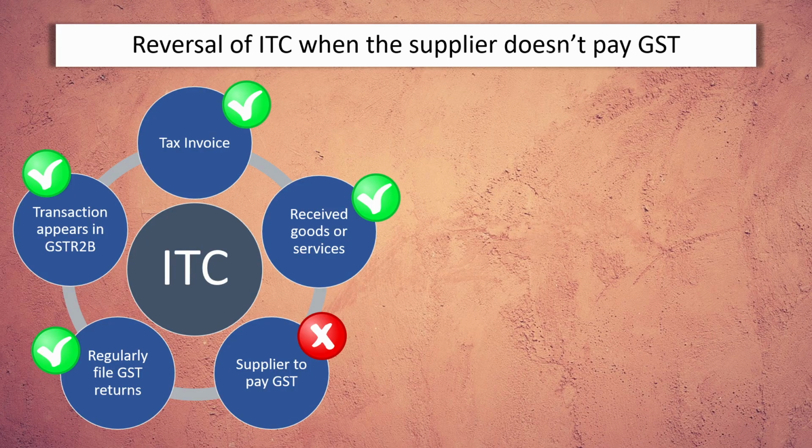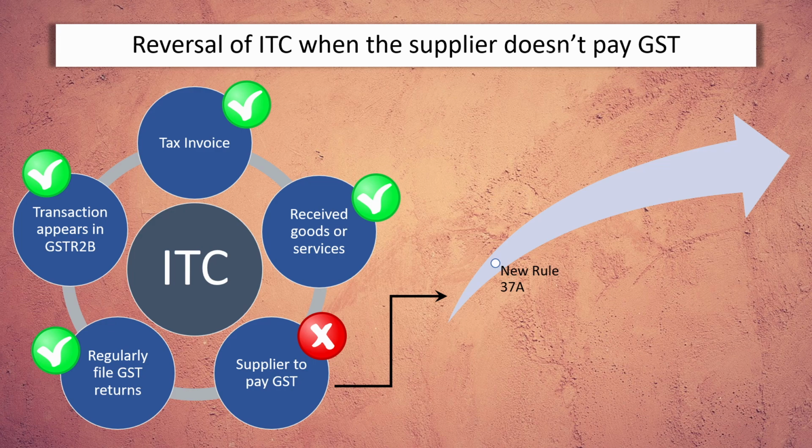So, to address this issue, a new rule is going to be introduced, Rule 37A. This rule would provide us the mechanism to know if the supplier has actually paid tax for a particular transaction or particular invoice. If the supplier has not paid the tax, then you have to reverse this input tax credit because you don't satisfy all 5 conditions.